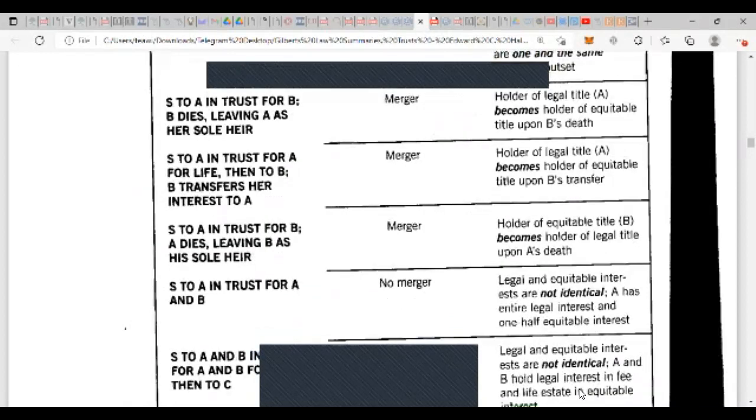Okay, so it says S to A in trust for A for life, then to B. B transfers her interest to A. That is also a merger because holder of legal title A becomes holder of equitable title upon B's transfer.